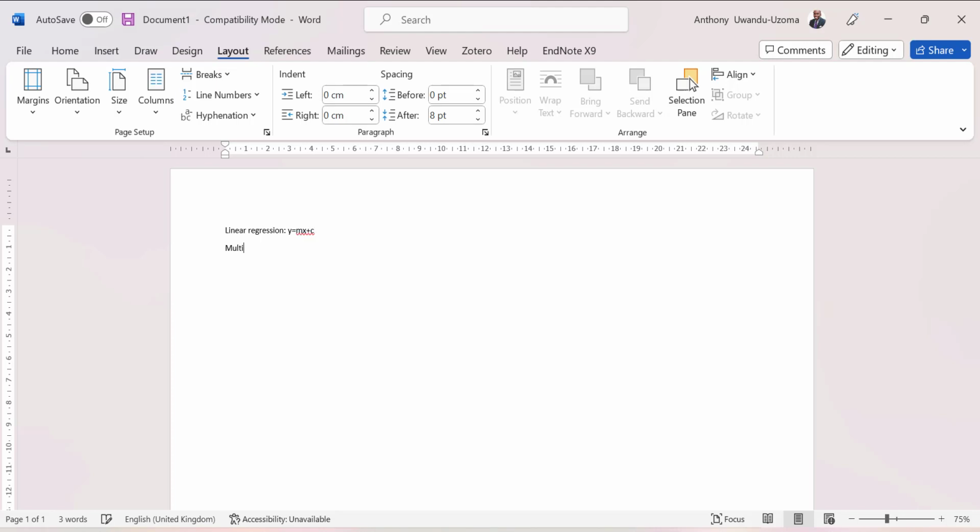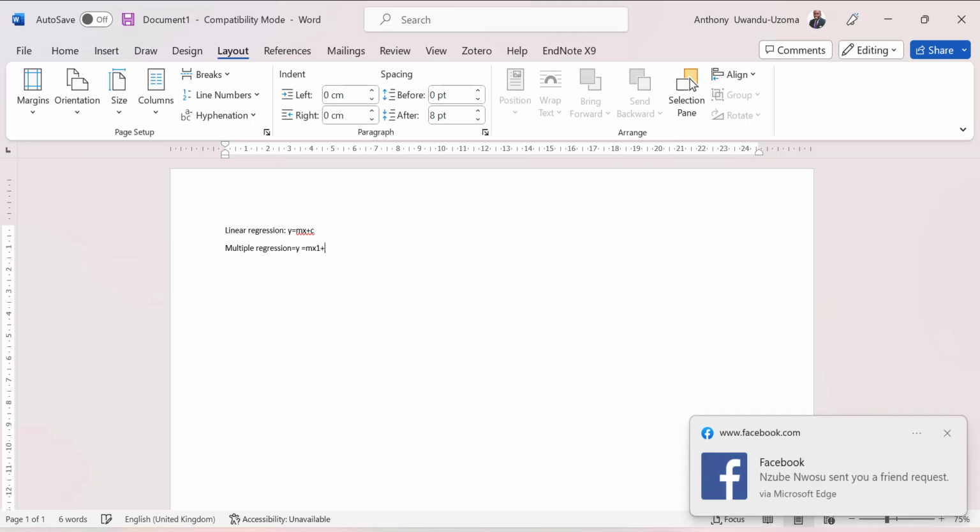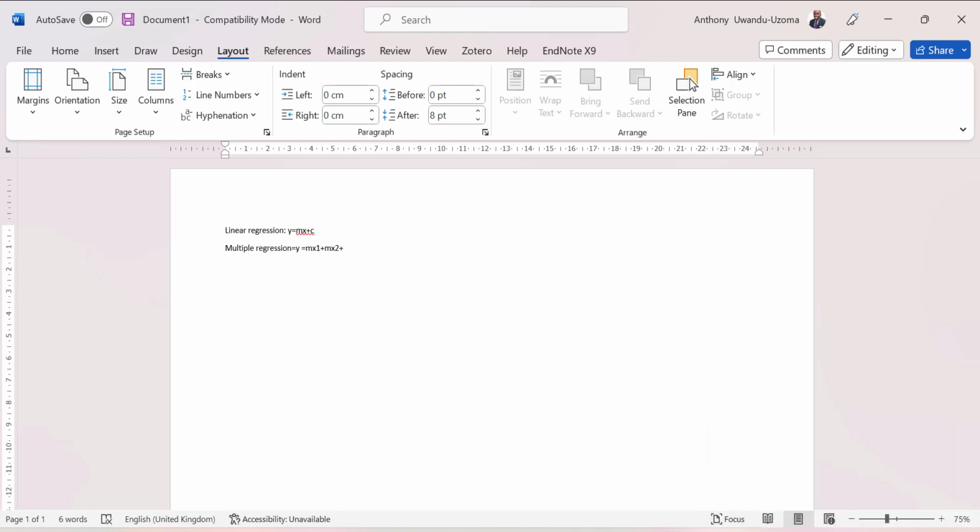But in multiple regression, the equation is something like this: y is equal to mx1 plus mx2 plus dot dot dot, okay, that's the infinity, plus mx3, then plus c, which is a constant.